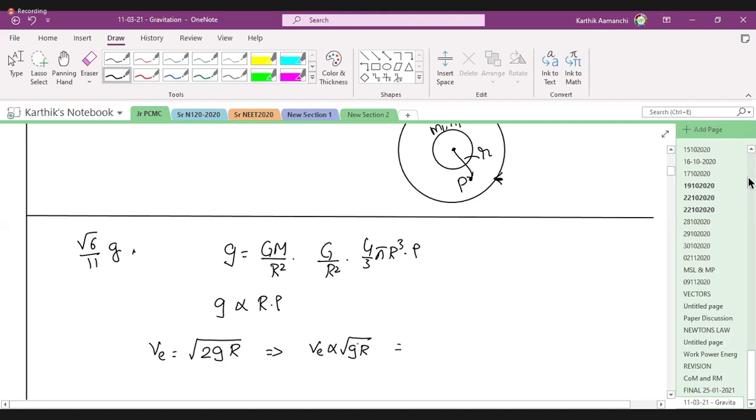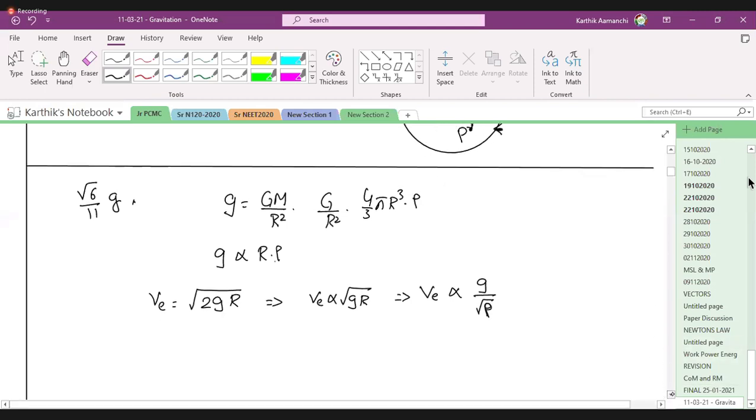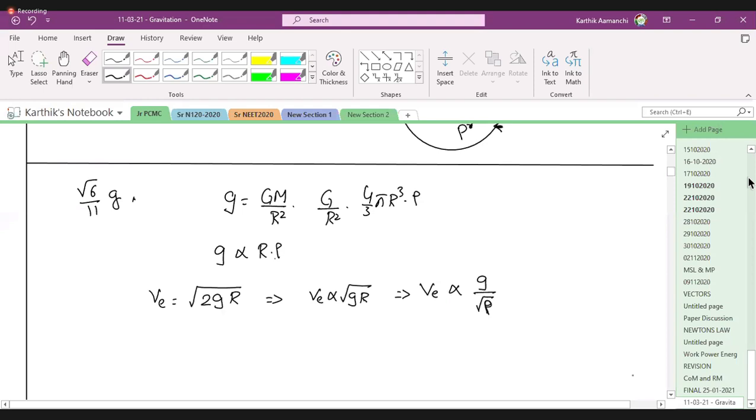From here, R is g by rho. So your escape velocity is directly proportional to g divided by under root rho, isn't it? Correct?